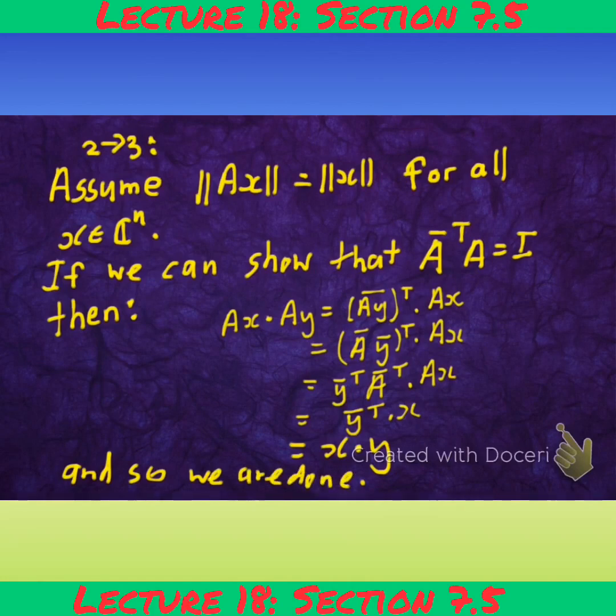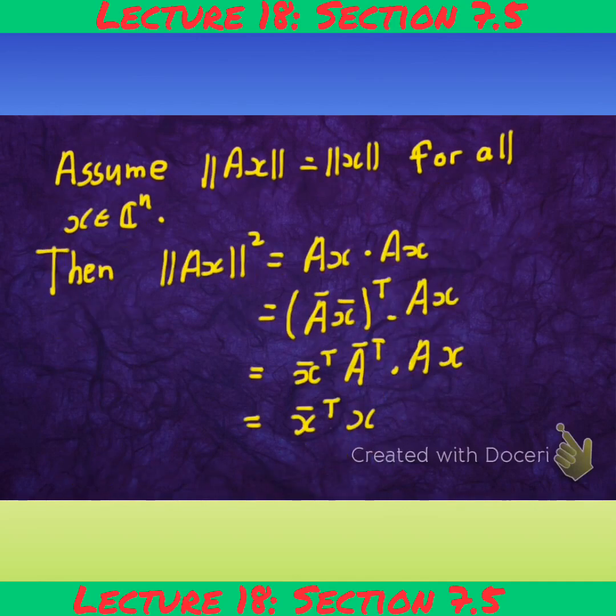Okay, so let's quickly show that I can get that. Again, this is what we assume, and remember what we want to show is that A's conjugate transpose A is the identity matrix. So let's use what we know.